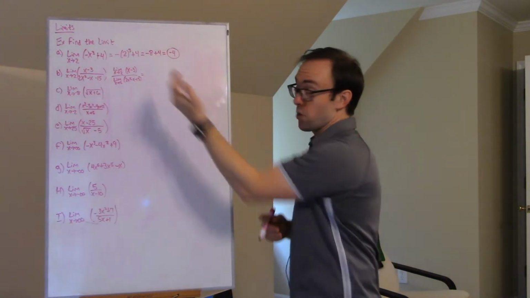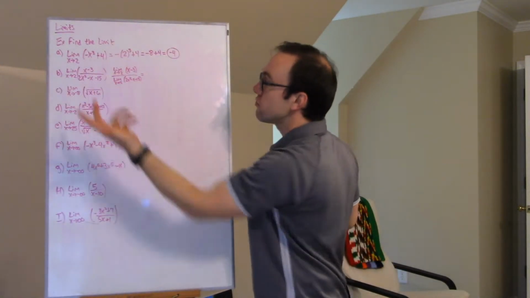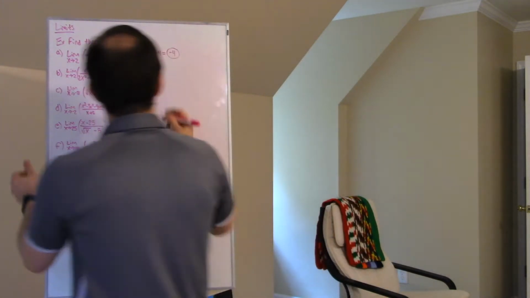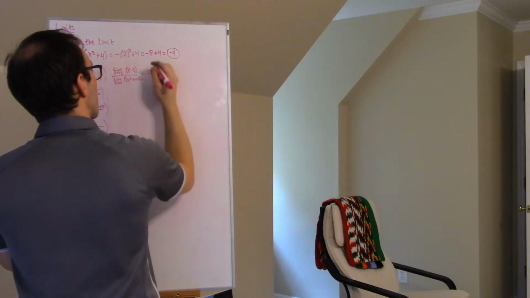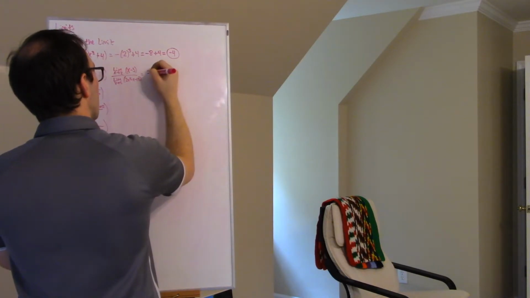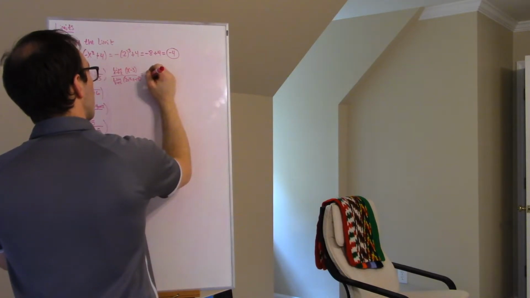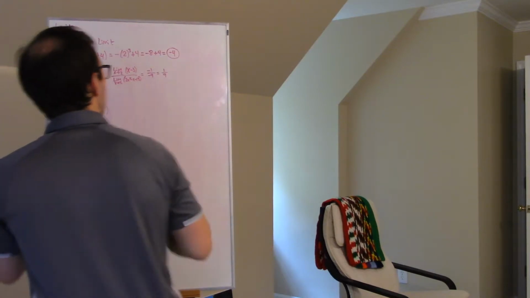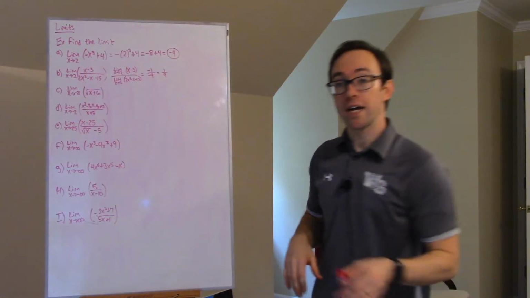So we can write it this way, or you could simply just plug 2 in for your x's and evaluate. Then you would get negative 1 over negative 9, or 1/9.